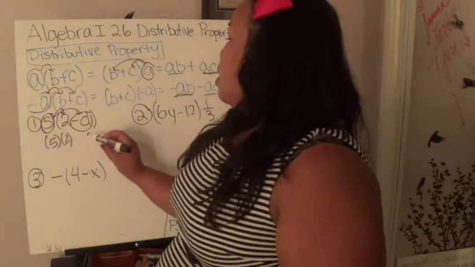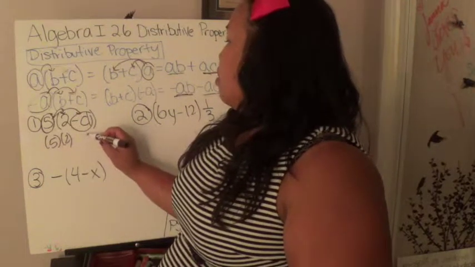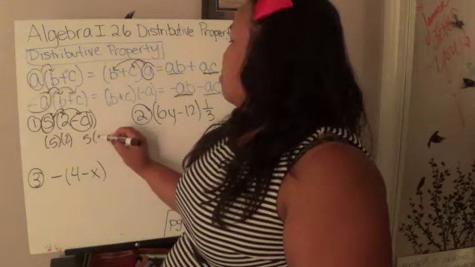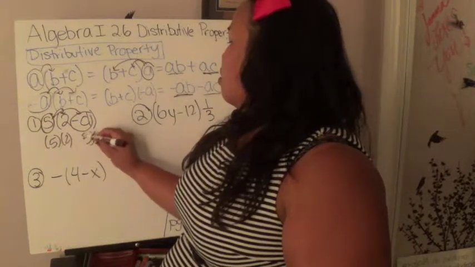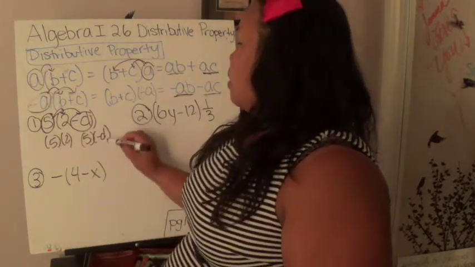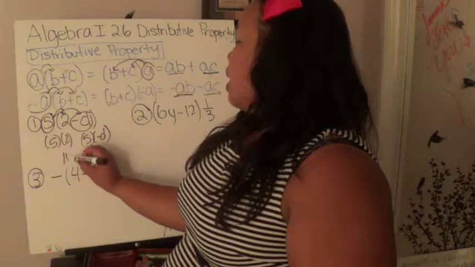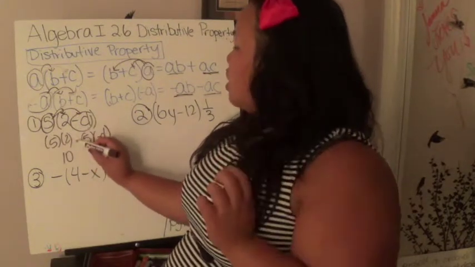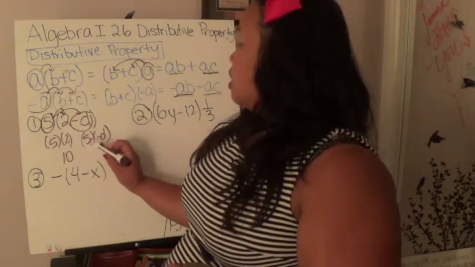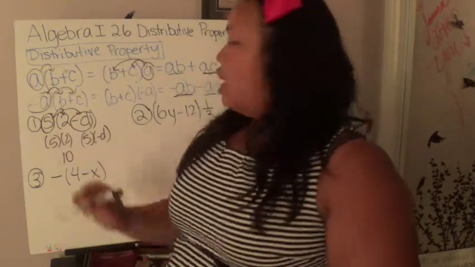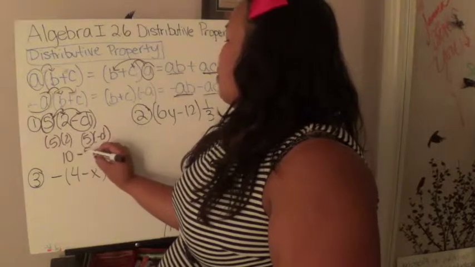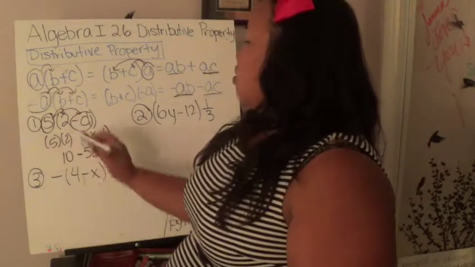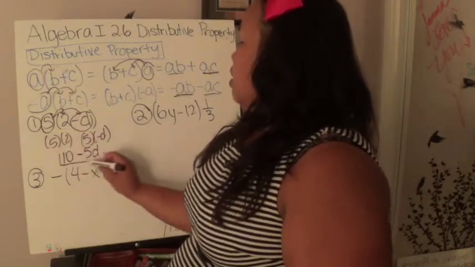So then it would be 5 times negative D. Okay? So 5 times 2 is 10. 5 times negative D, it tells me what's going to be in here, either negative or positive. Since it's 5 times negative D gives me a negative 5, it's going to be a negative 5D. So 5 times negative D gives me negative 5D.